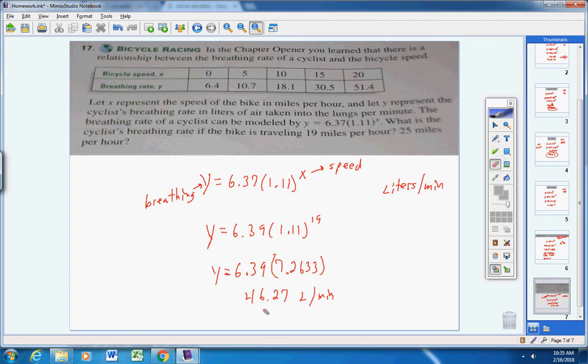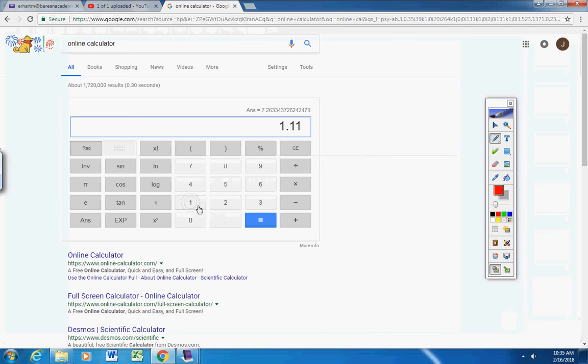Now they want us to do the same thing again for the last question, and they ask us this time, what's the breathing rate if you're going 25 miles an hour? Okay, so where the x is, we put 25. And now, students, it's the exact same problem all over again. 1.11 to the 25th power, which is 13.5855.